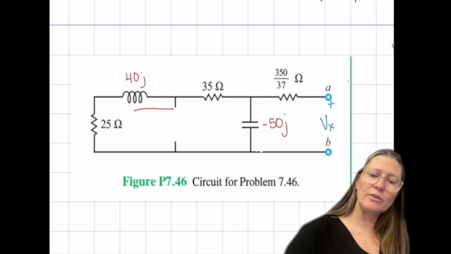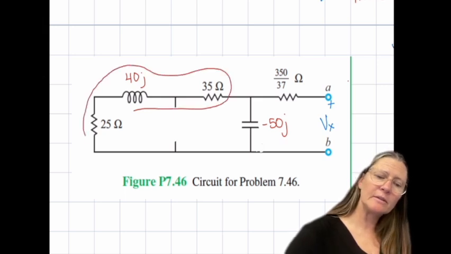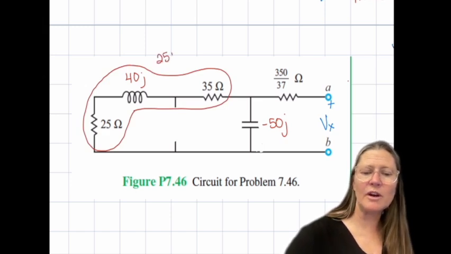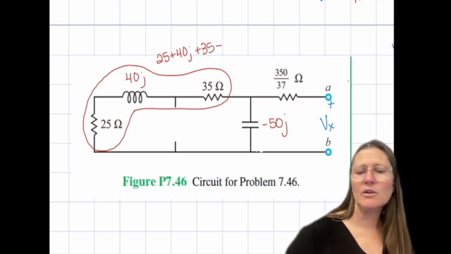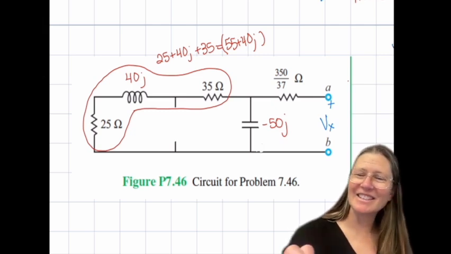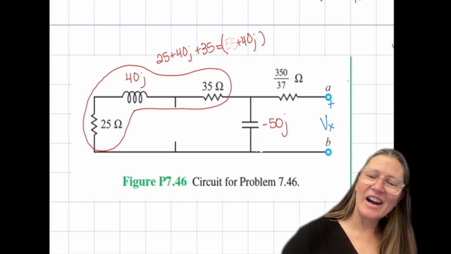These are all in series, so this now becomes 25 plus 40J plus 35 for 55 plus 40J. 60, yeah, thank you. 60 plus 40J.